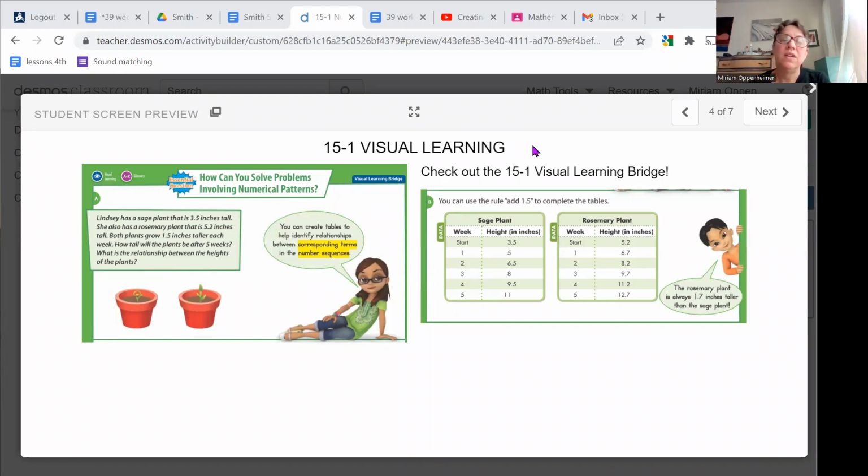And the other thing they wanted you to notice is the rosemary plant is always 1.7 inches taller than the sage plant, right? Here, it's this. So of course it's always the same because they're both growing the same amount every time, right?